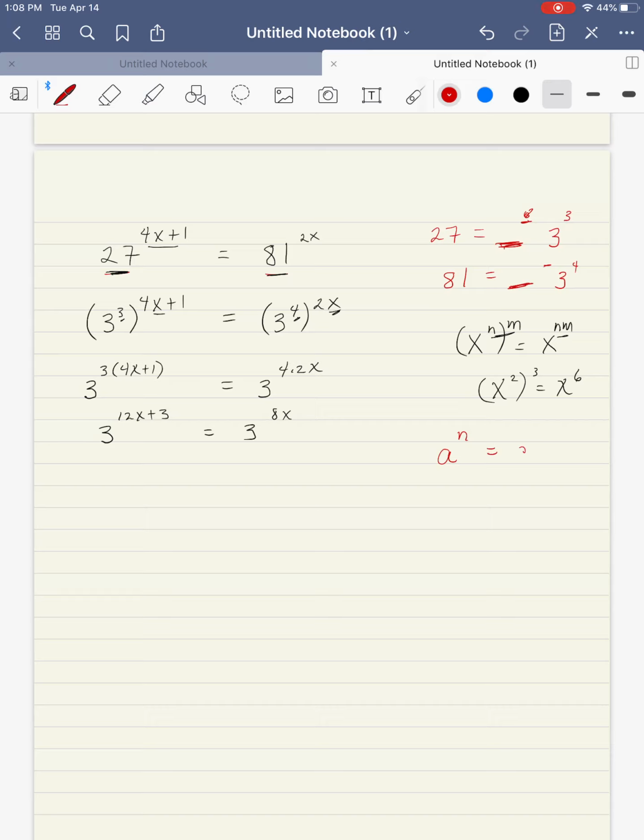So now we're to the place where we have some number a to the n power equals the same number a to the m power, and that implies that n equals m. We have the same exact base here and here, so we can set our two exponents equal to each other, and then we can solve for x.